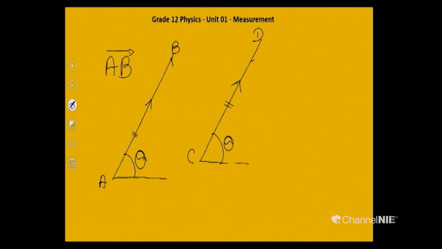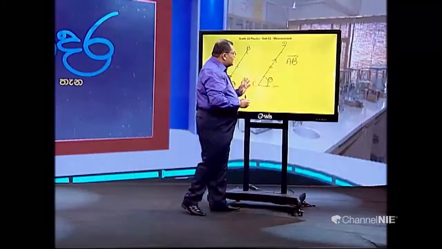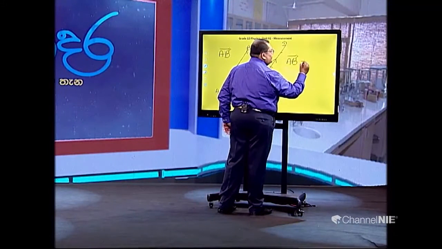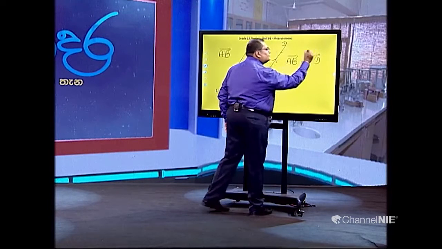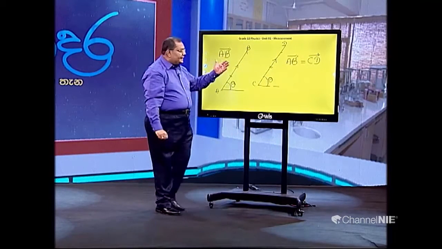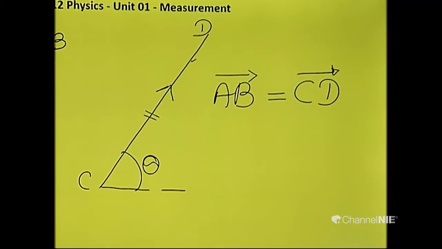That means you can equalize them. A to B vector is equal to C to D vector. These are equivalent vectors. You can draw this second vector anywhere. It can be here, here, or in front of this.